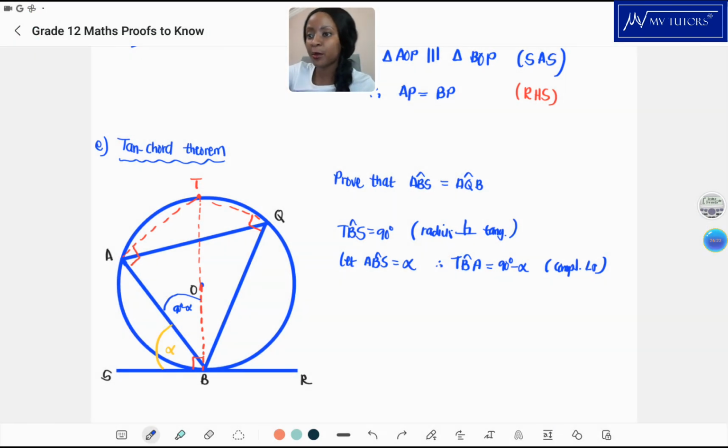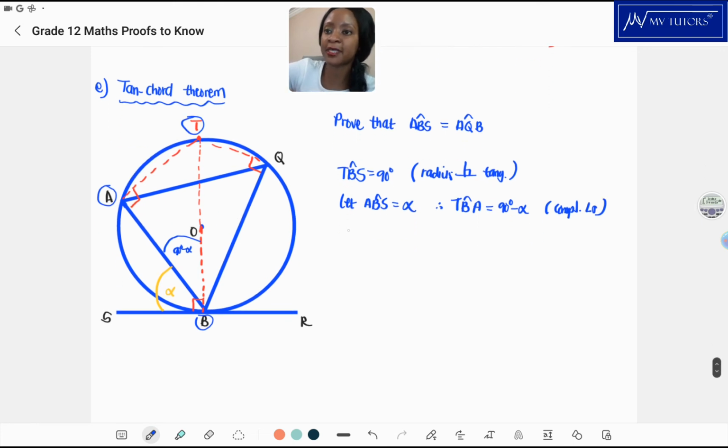So if I focus on triangle ATB, what do I know? Okay, so in triangle ATB, I know that A is equal to 90 degrees. The chord is the diameter.